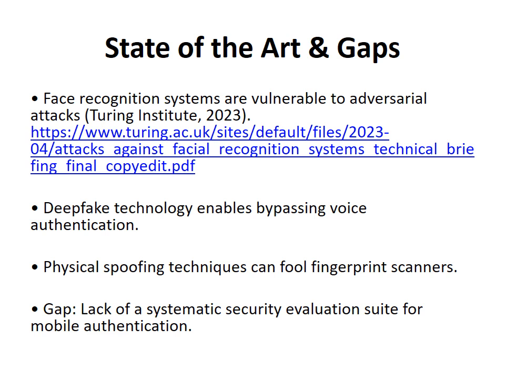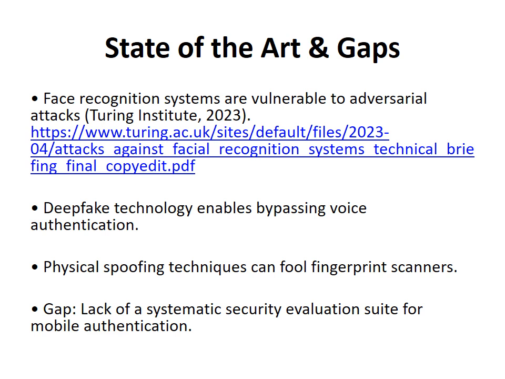So what is the state of the art and what are the current gaps? Multiple studies, including a recent Turing Institute report, have highlighted growing threats to AI-based authentication. Attackers exploit adversarial AI techniques such as deepfake technology, which enables bypassing voice authentication, for example.